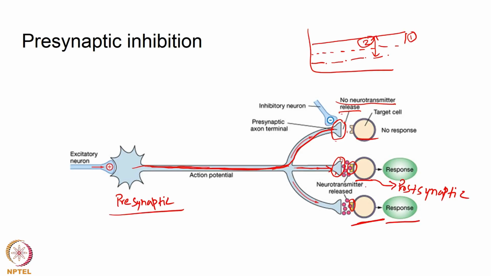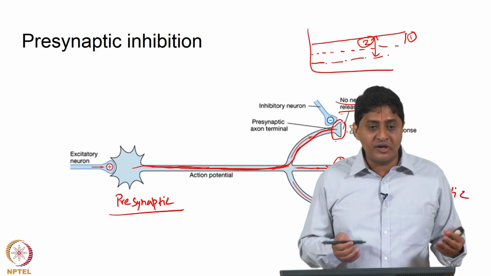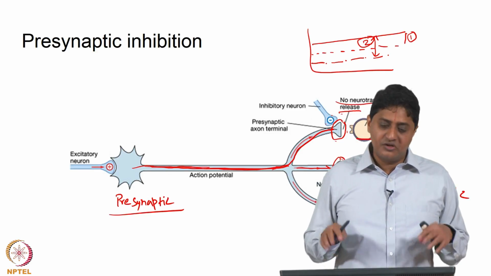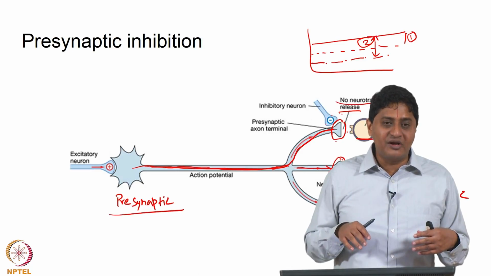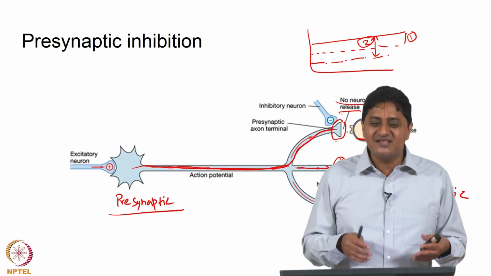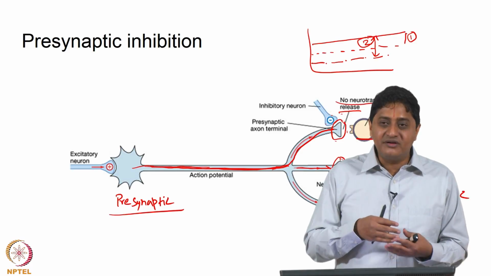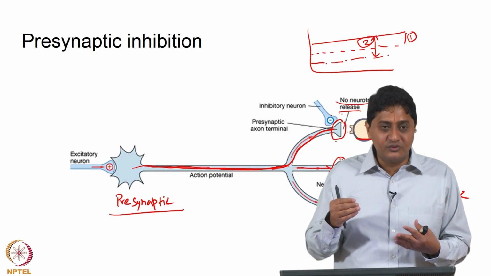So, why does this cell respond? Because there is no excitation here that is causing an inhibition. But here there is an excitation that has practically opened all the calcium channels. Everybody is already open, a new action potential arrives, no more excitation. I cannot open any more calcium channels because they are all already open. So, no difference in the amount of calcium is going to happen.